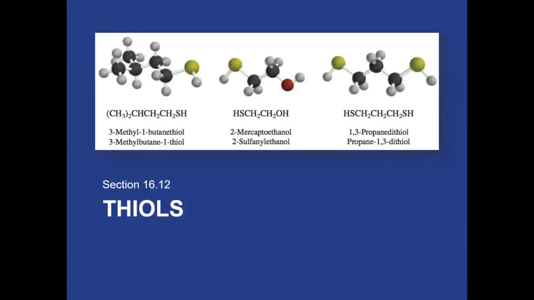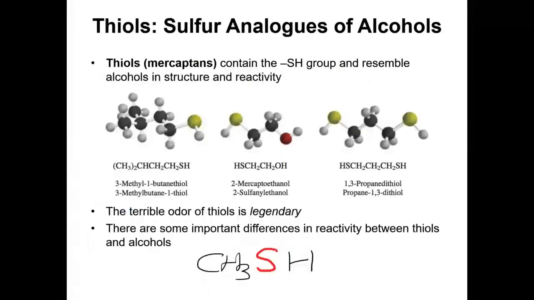So this basically concludes all the reactions we will be learning about alcohols, but we also want to spend a bit of time on thiols. As you can guess, thiols are the sulfur counterparts of alcohols. So instead of the OH functional group, we have the SH functional group.